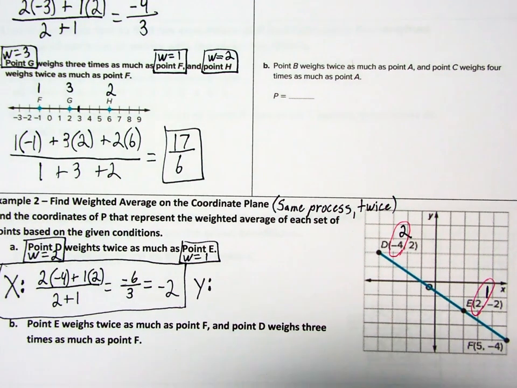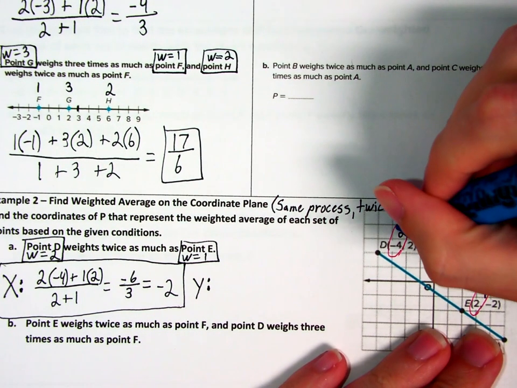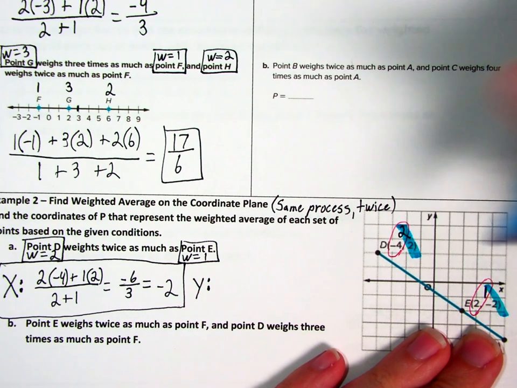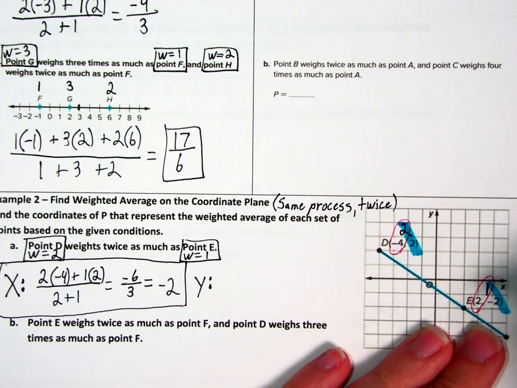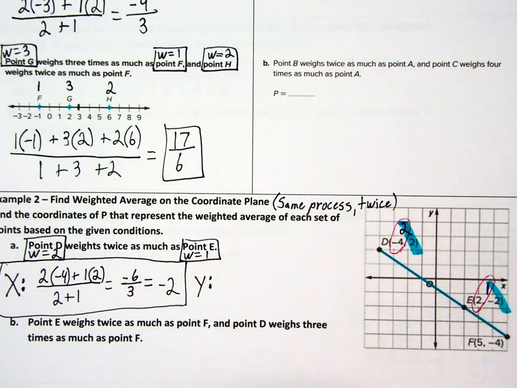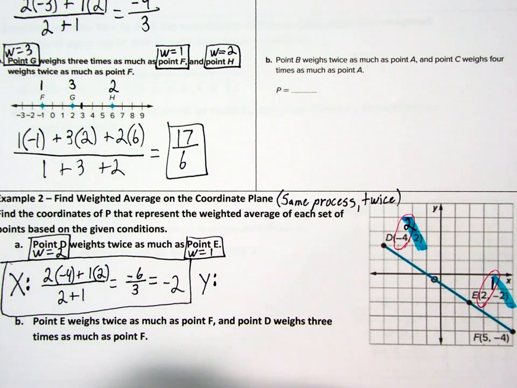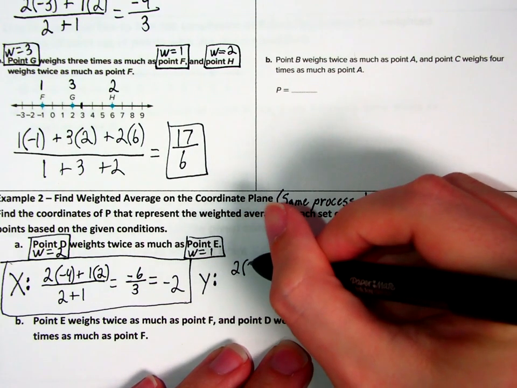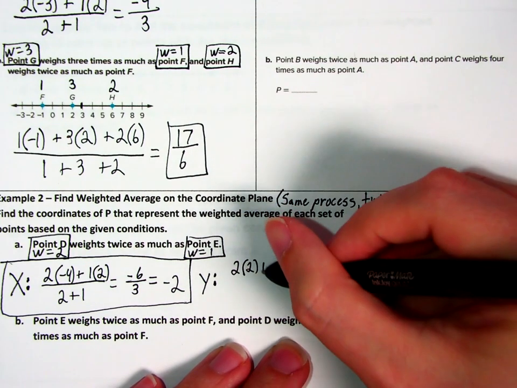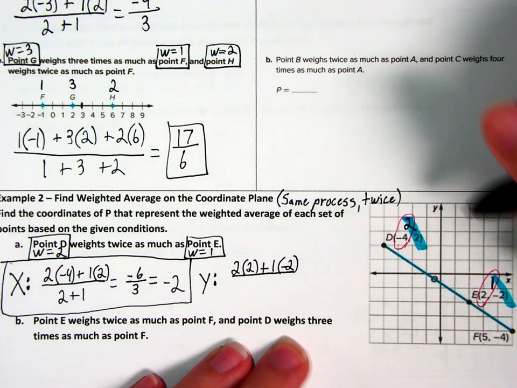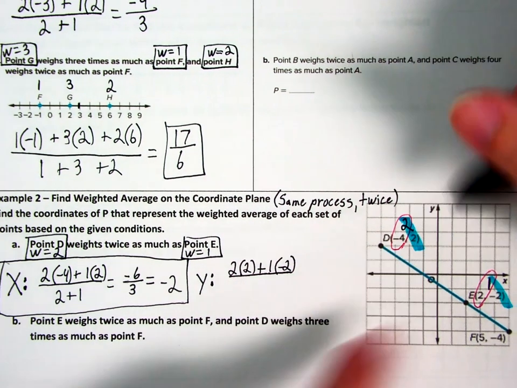So now, we're going to do the y's. We're going to do 2 times 2. We're going to do 1 times -2. We're going to be multiplying the weight times the y coordinate. Two times 2 plus 1 times -2, all over, again, the sum of our weights, 2 plus 1.